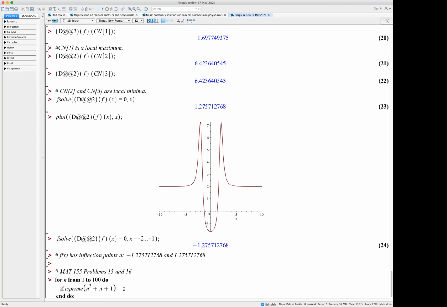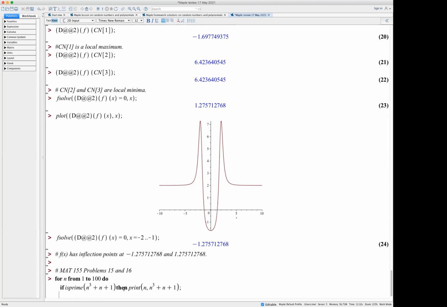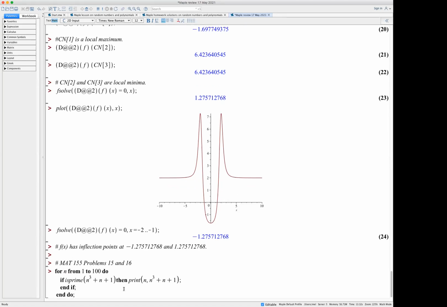This gives you an answer, true or false. Then if it's true, let's print out n, so I know what the n is, n cubed plus n plus 1. And then I have to write end if. So this program should write out all of the primes of this form.